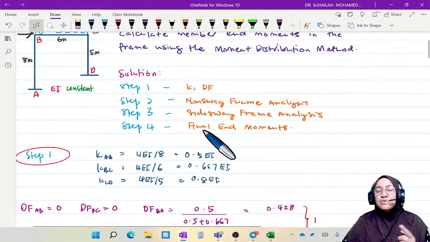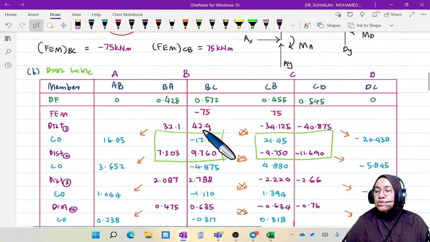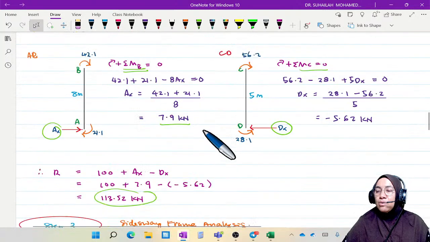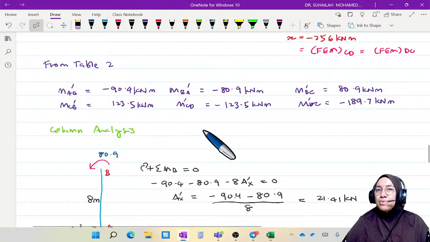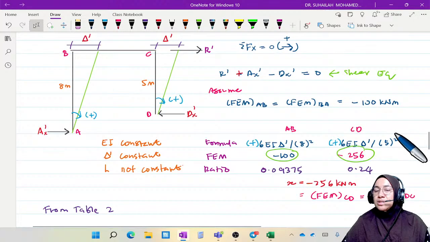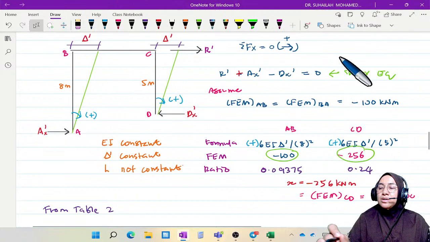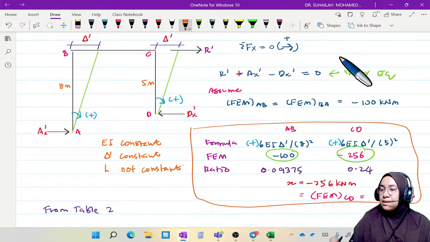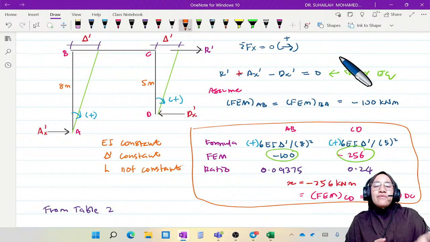For step number 3, I have shown the easiest way to calculate the FEM due to sidesway based on assumption, which we should really understand, based on the assumption made for one column.